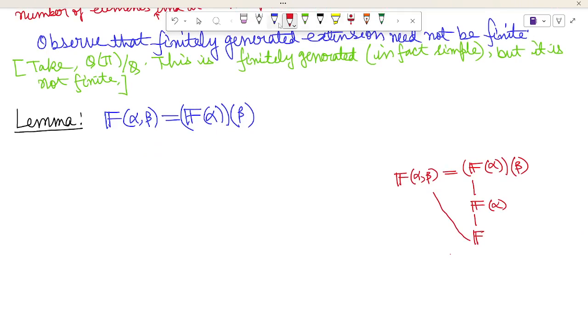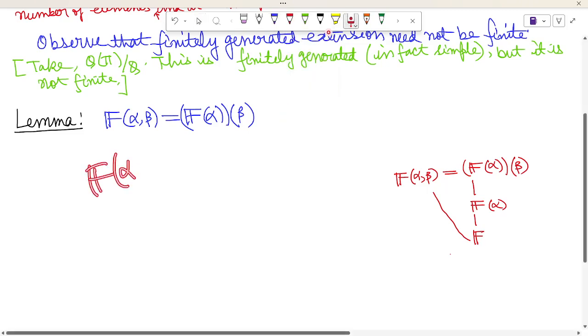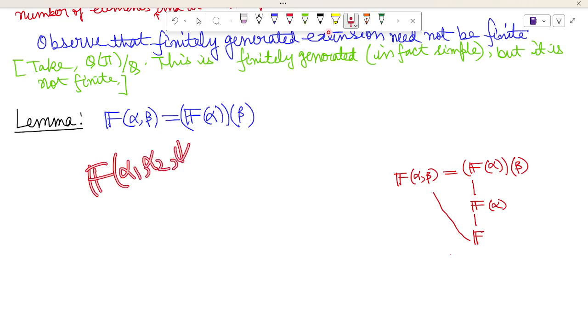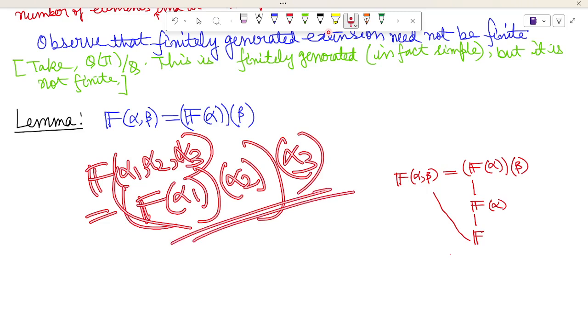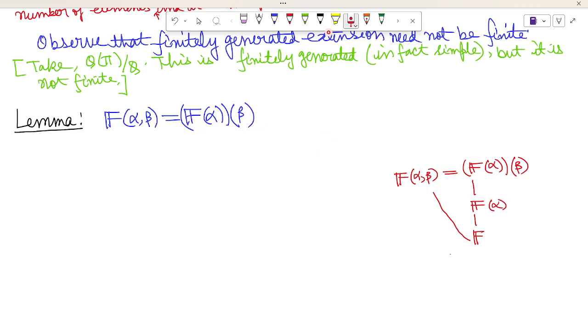If we prove this, then by inductively applying the same thing, we can say that F(alpha 1, alpha 2, alpha 3) is the same as first taking F(alpha 1, alpha 2) and then alpha 3. I can perform this inductively. How to prove this?